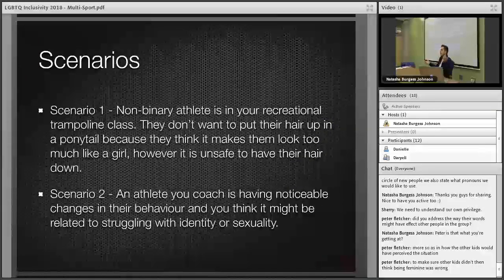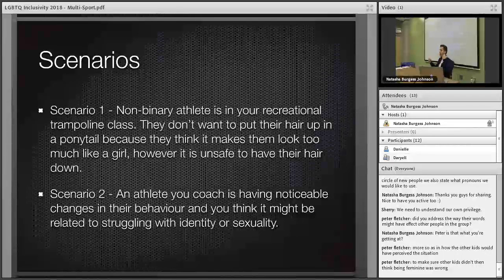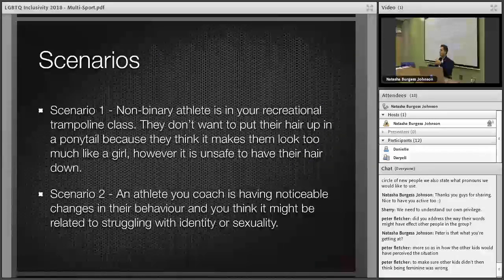That is all you can do, is leave yourself open, an opening in case somebody needs it. Asking directly, even if you have the best intentions, if somebody's not ready to come out, can feel aggressive.